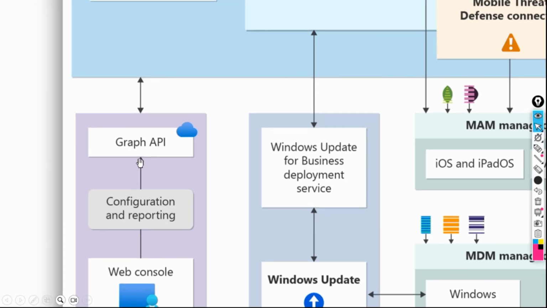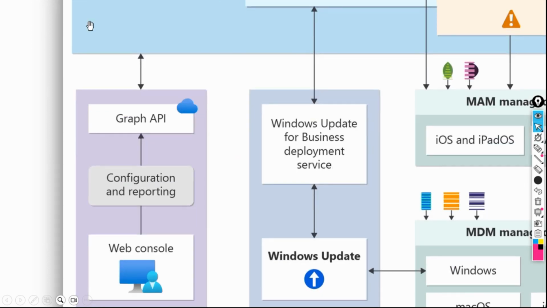There is a Graph API which connects all these services, your Azure services and your Intune services. Graph API is, I would say, just like a wall. Whenever you want to transfer something from here, you need to get validated by Graph API.